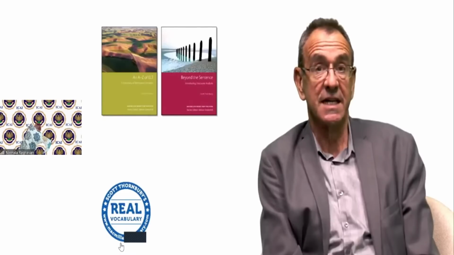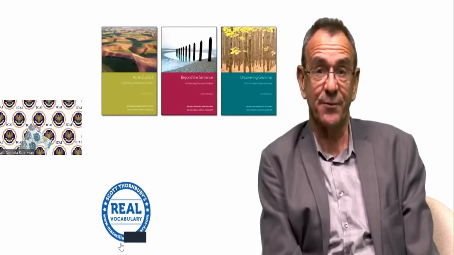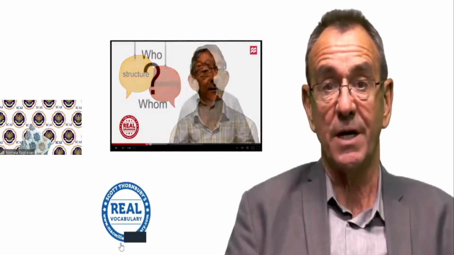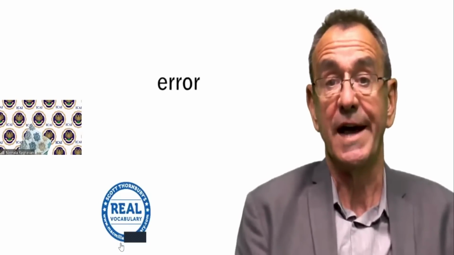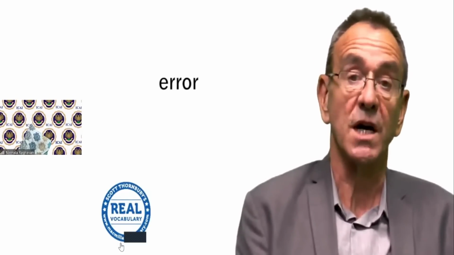Hi, I'm Scott Thornbury, and I'm a teacher trainer, and the author of An A to Z of ELT, Beyond the Sentence, and Uncovering Grammar. Welcome to this series of videos about real vocabulary. In Macmillan Dictionary's recent Real Grammar series, we looked at some controversial points of English grammar, 10 grammatical issues which, according to some people, are common sources of error in people's speech or writing.